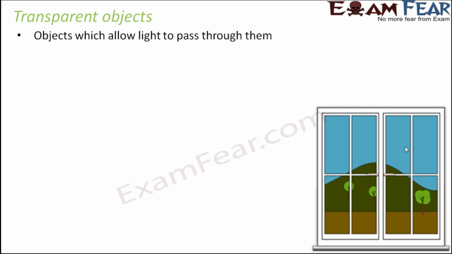Think of the glass window panes. When you look through the glass window panes, you are able to see the scenery outside. You are able to see the trees and the buildings outside because the glass panes allow light to pass through them, and that's why you are able to see things, because you can see things only when there is light. If there is no light, you will not be able to see anything.